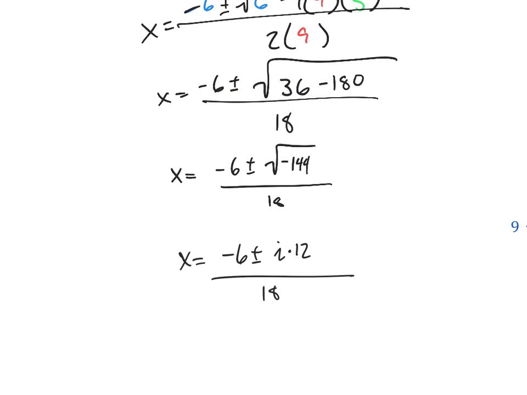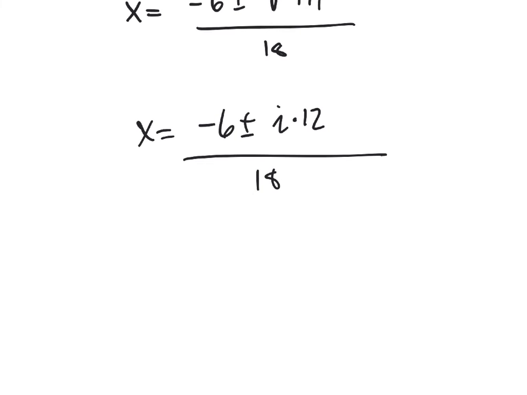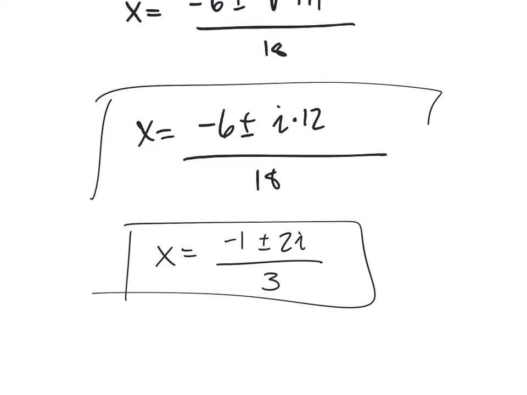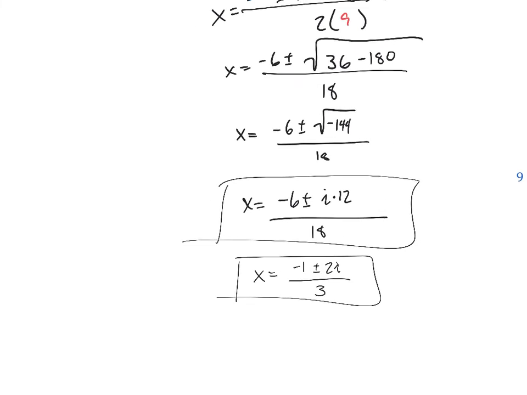I noticed that 6 goes into all of these things, and so I could rewrite this as x equals negative 1 plus or minus 2i over 3. You can take everything in sight and divide it by 6, and that's how I got to this. I'm totally fine with you solving and keeping it like this. Either one of these is just fine with me.